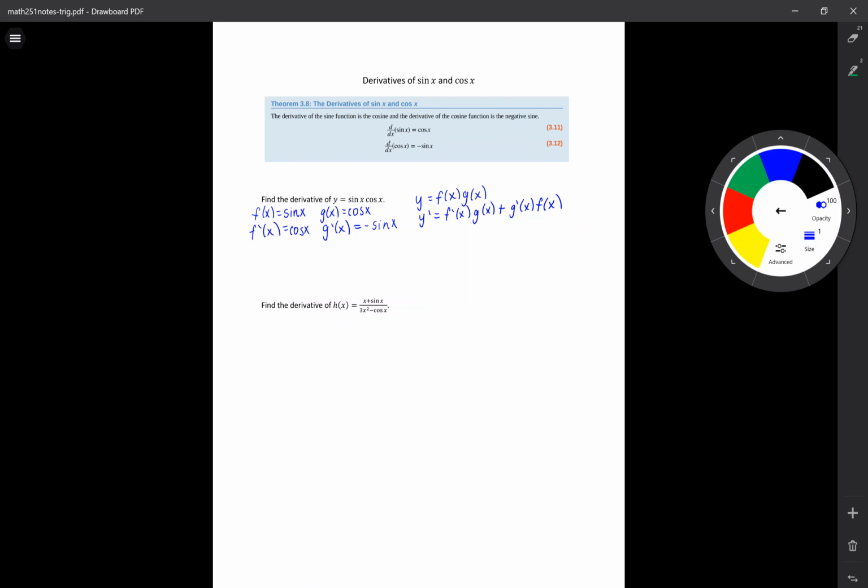Now we can use the product rule so that y prime is equal to f prime of x, which we found as cosine of x, times g of x, which we found to be cosine x, plus g prime of x, which is negative sine of x, times f of x, which is sine of x.